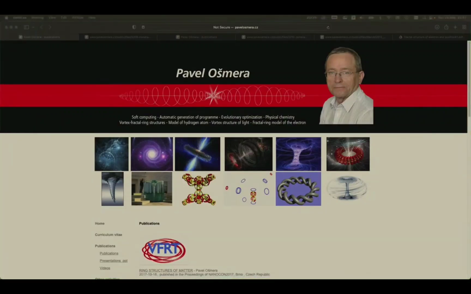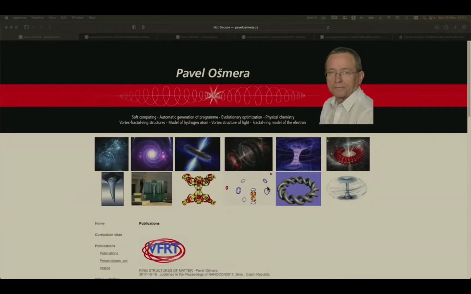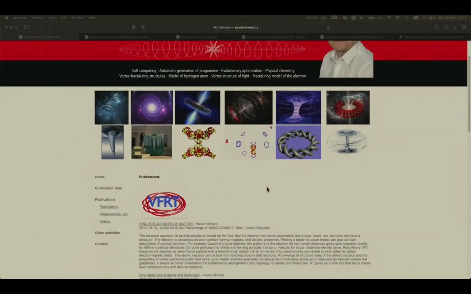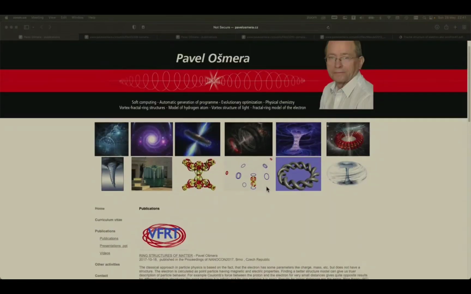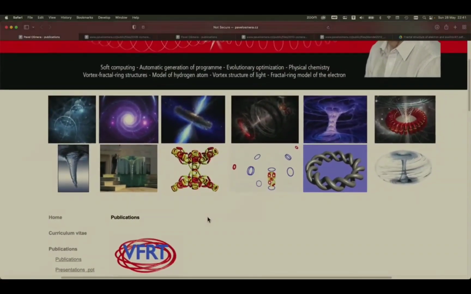Okay, so for those on Zoom, can they see what I'm looking at now? Yes. Okay, great. So this is Pavel Osmera. He was associated with a couple of universities here in the Czech Republic, predominantly the Technical University here in Brno, where I live. And he has been very much onto this toroidal structure of matter for a good proportion of his life.